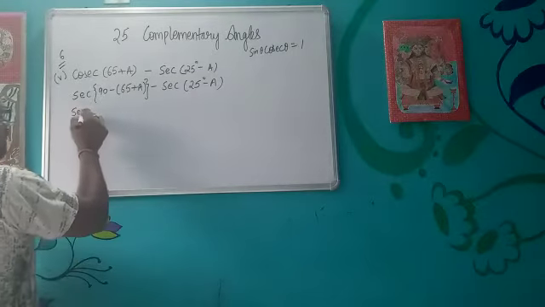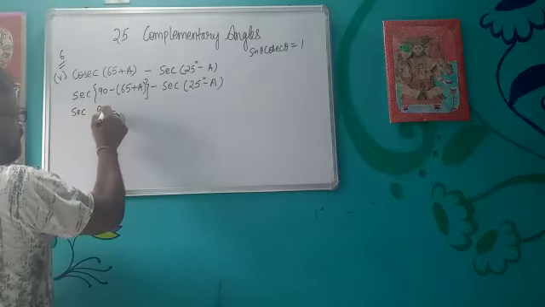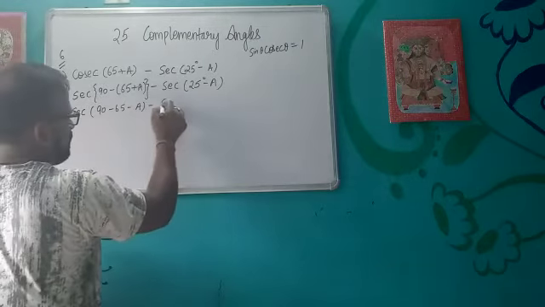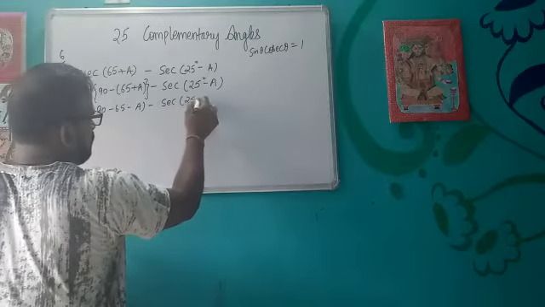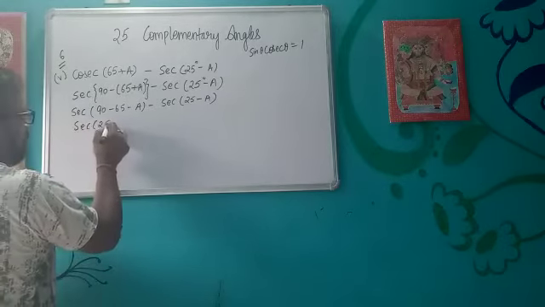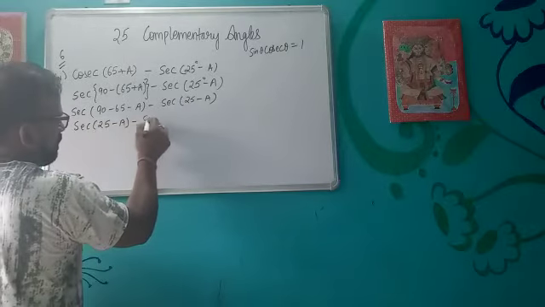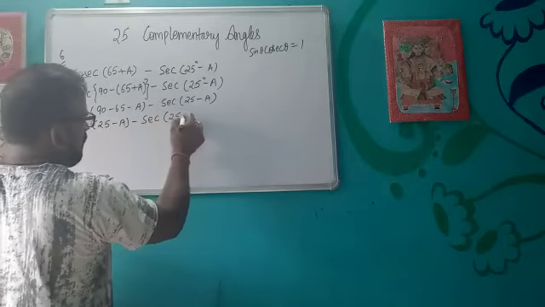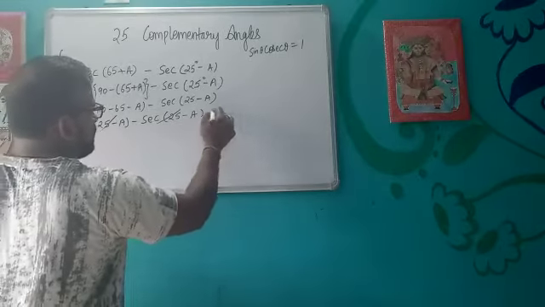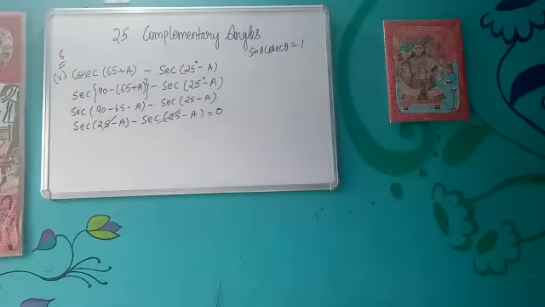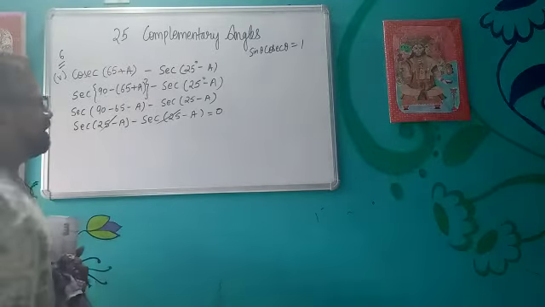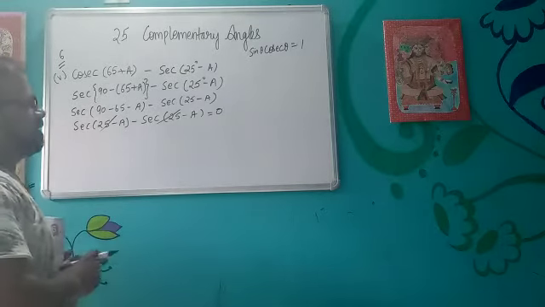So it is equal to sec 90 minus 65 minus a minus sec 25 minus a. So what you will get? Sec 25 minus a minus sec 25 minus a, and since they both are the same, when you cancel you will get the answer as 0. Okay, so you just identify the complementary angles and then replace those angles by their respective complements.